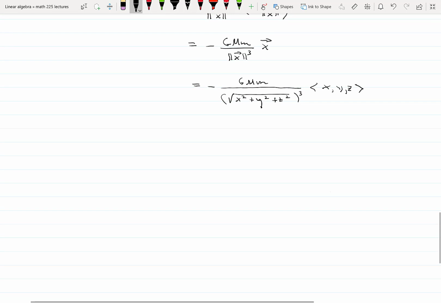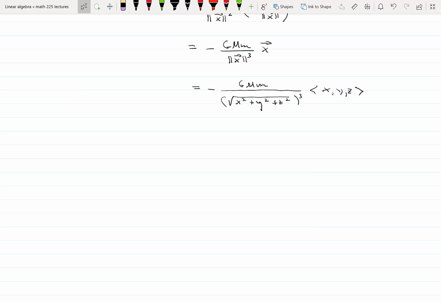Okay, so let's move forward with this. Let's write this vector component-wise. We can factor out the constant negative G big M times small m times the vector whose components are x over x squared plus y squared plus z squared to the 3/2 power.